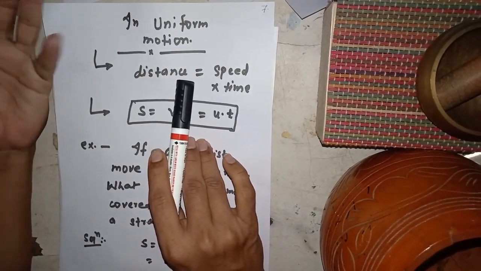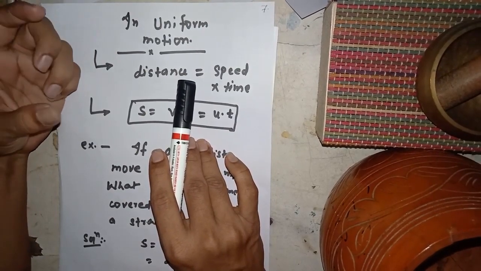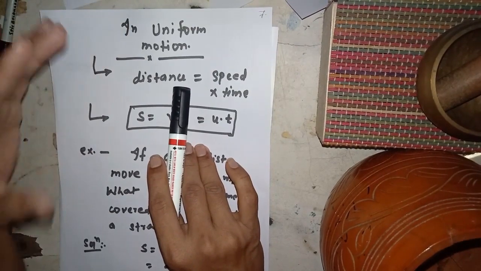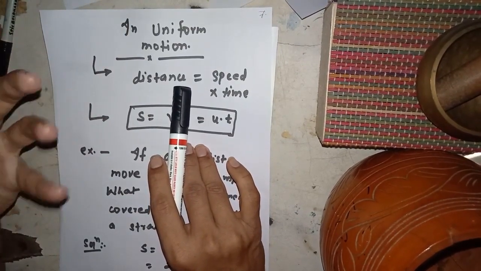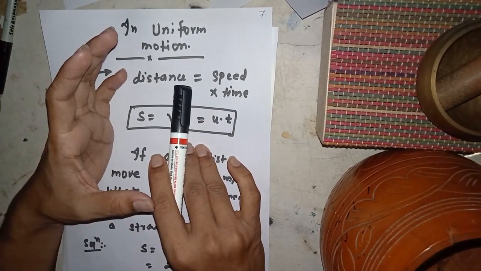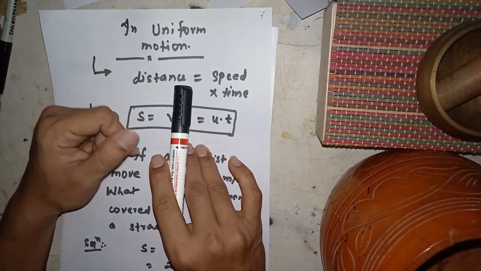How can you find out distance if speed and time are given? You simply say that distance is equal to speed into time. You have already known about it in the previous classes.